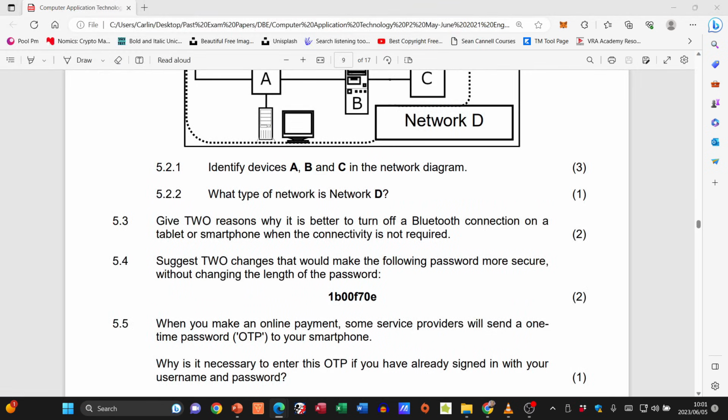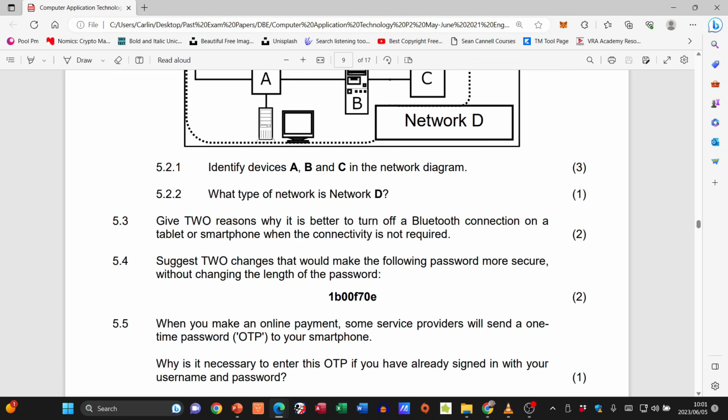Then 5.4, suggest 2 changes that would make the following password more secure. Now, how many characters? We know our password should generally have 8. So 1, 2, 3, 4, 5, 6, 7, 8. So that's fine. But can you see a problem here? Look at the zeros. I've got 2 zeros here, 3 zeros in total. So I don't want to be using those all the time. What should my password be? It should have 8 characters. It should have a capital letter. Do I have a capital letter?